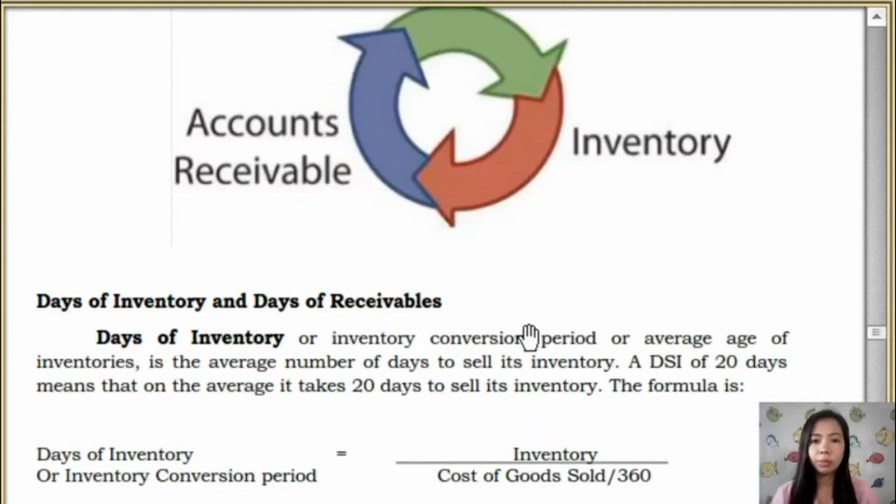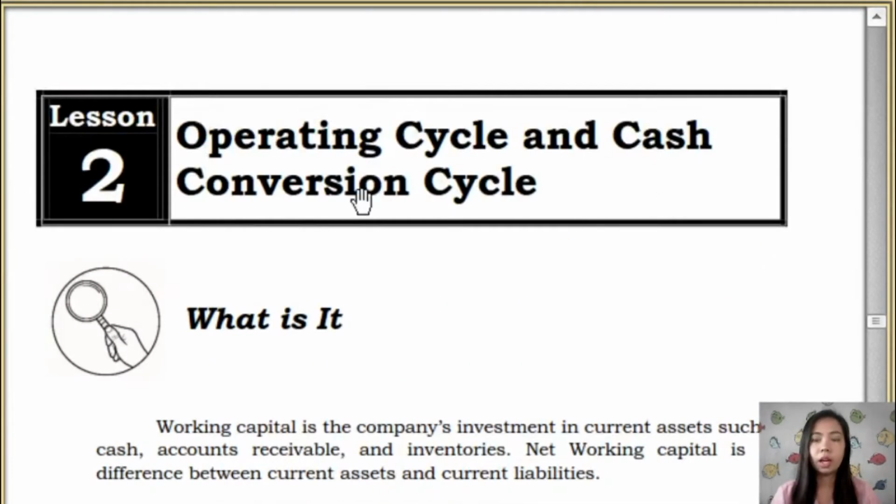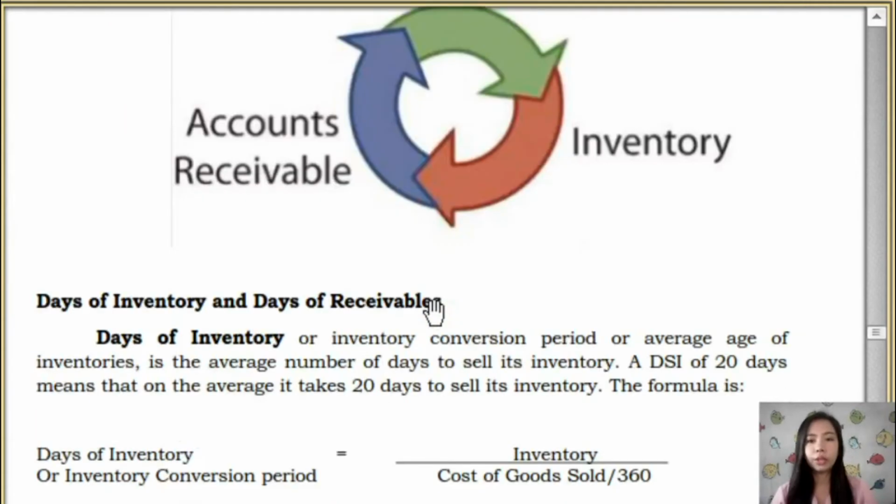So, these are some equations that you need to identify the operating cycle and the cash conversion cycle. So, first, we have the days of inventory and days of receivables.